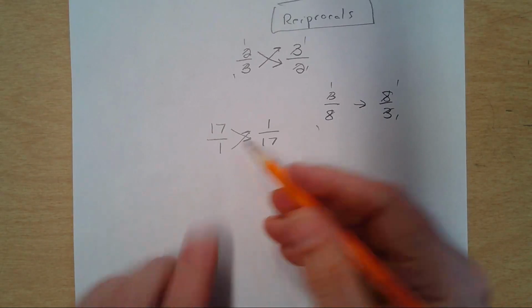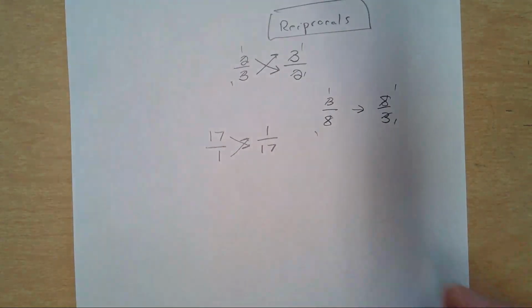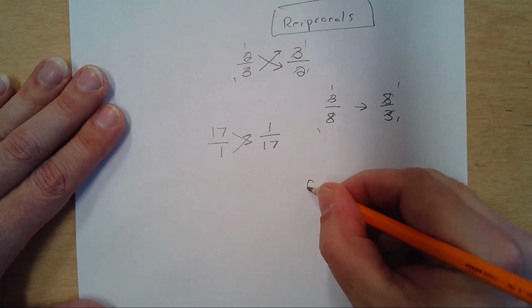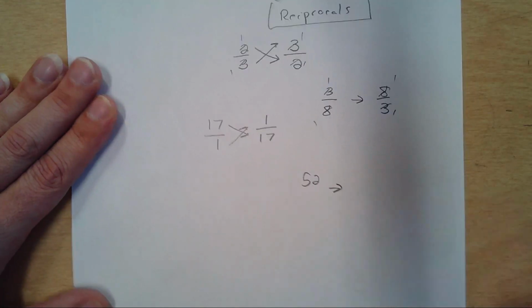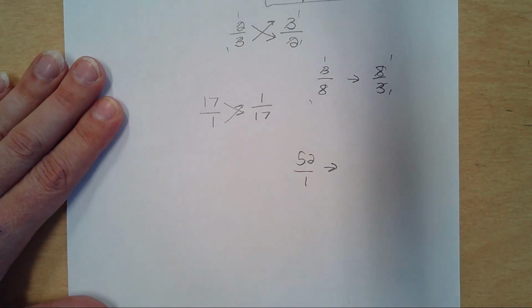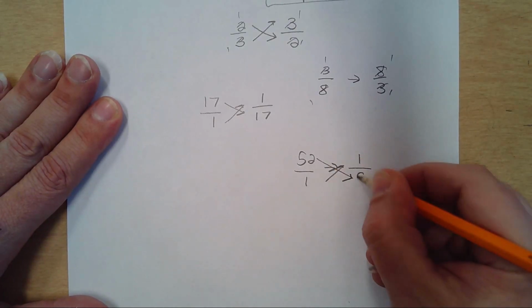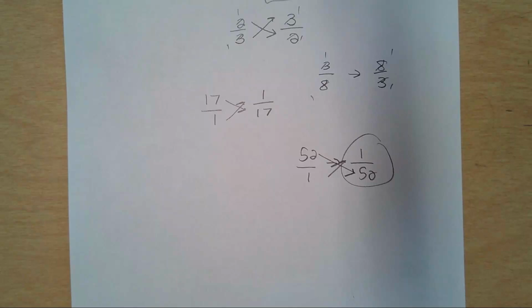The reciprocal of 17 is 1/17. If I say, what's the reciprocal of 52, I could just put it over 1, and then the denominator becomes the numerator, and the numerator becomes the denominator. There it is, my reciprocal.